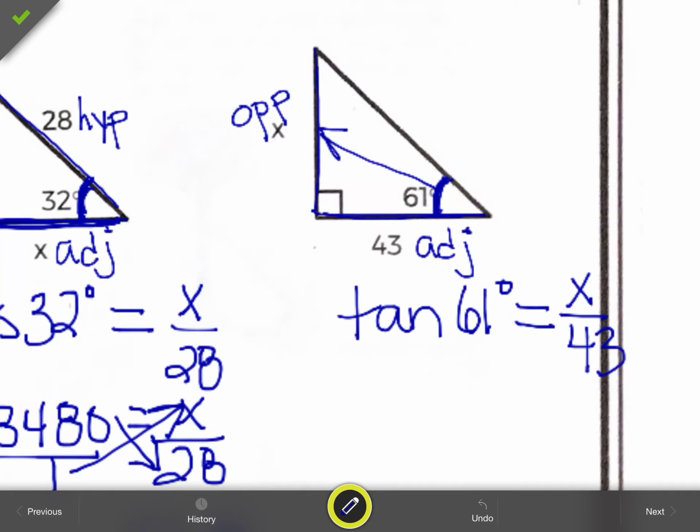All right, so now we've got to solve this. We're not done. Yay, we wrote the right equation. Tangent 61 equals x over 43.